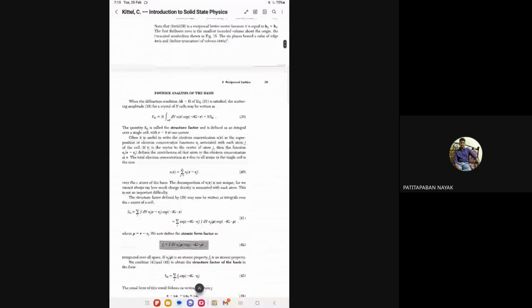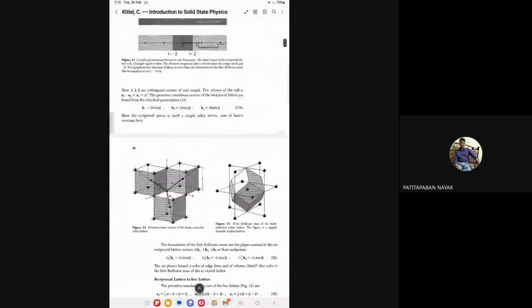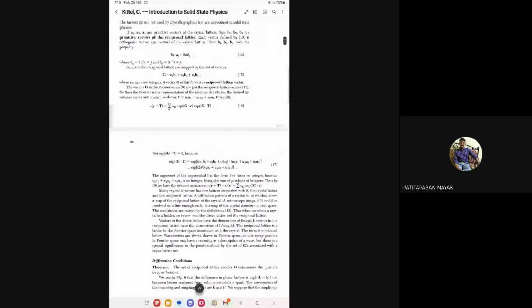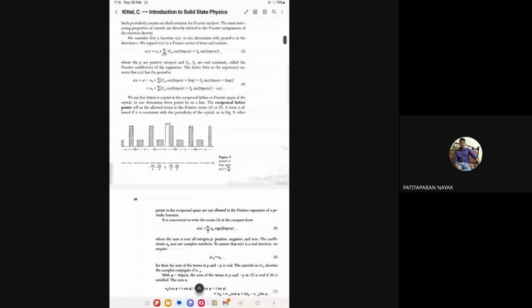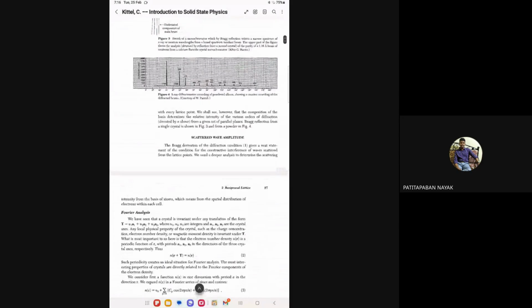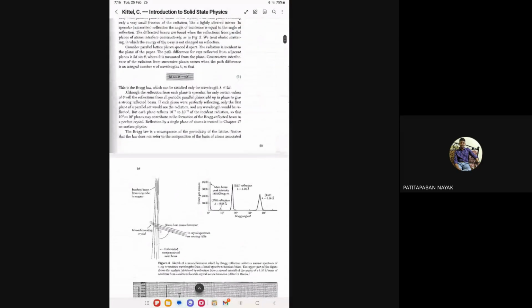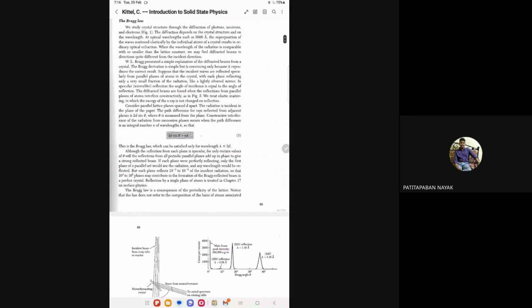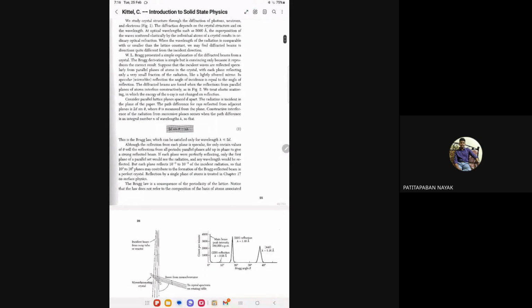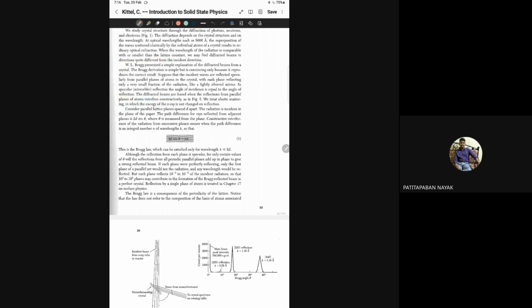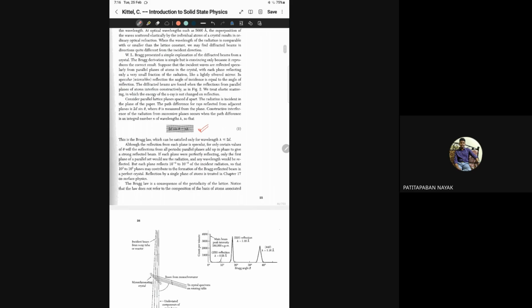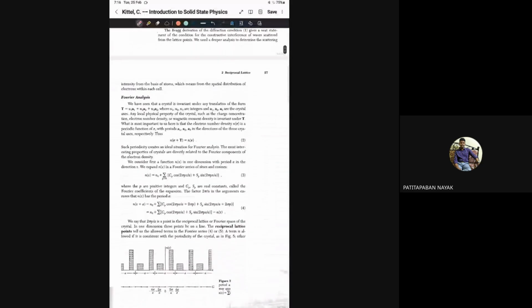Fourier analysis of the basis. So this is your 2D sine theta is equal to n lambda. 2D sine theta is equal to n lambda here.